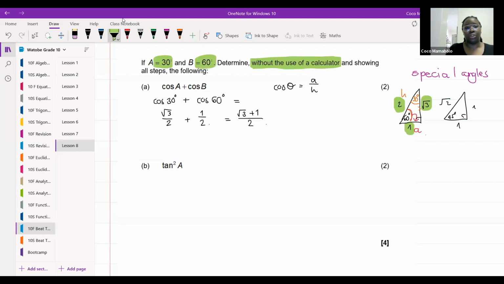So wherever I see an A, I'm going to replace it with 30. Oh, you mean on the triangles? Yes. Oh, I wrote it down from memory.